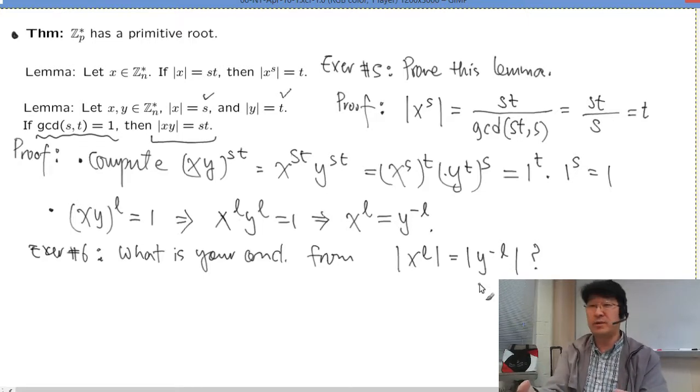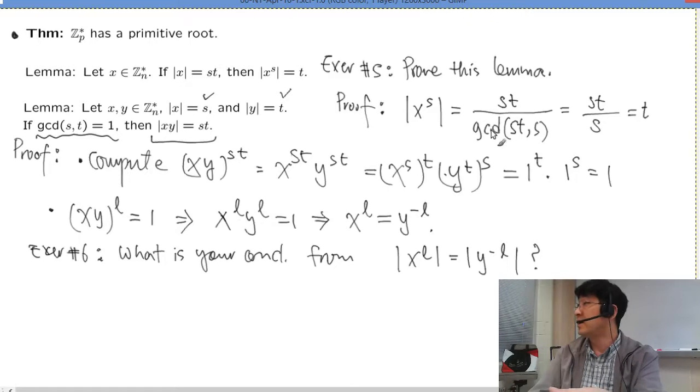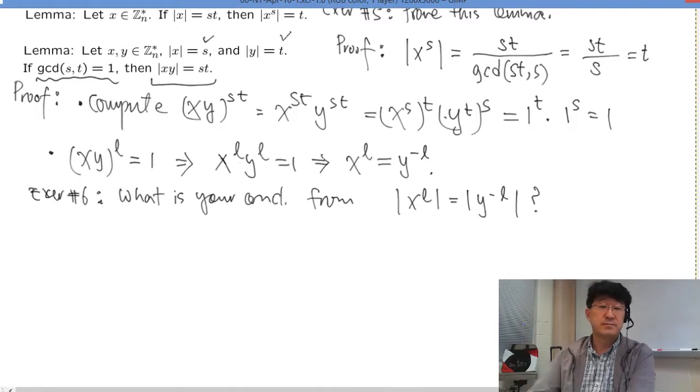What formula am I talking about? The same formula we used in here. So if you enter this formula and compare to each other, and using that, so far we haven't used the s and t relatively prime. Okay, enter the order formula, use this s and t relatively prime, and see which conclusion you can get out of it.